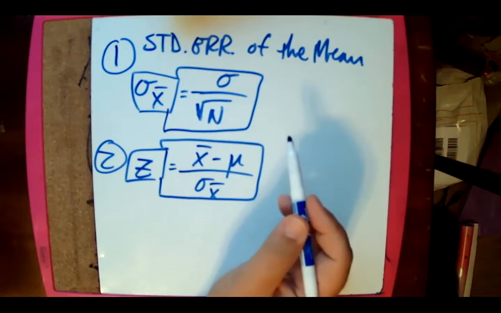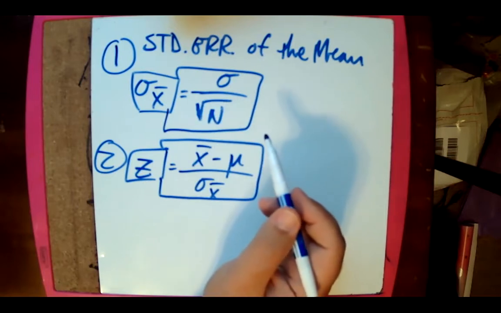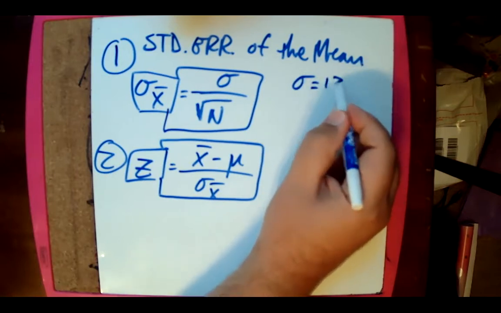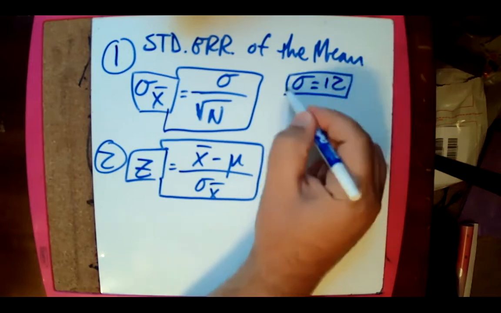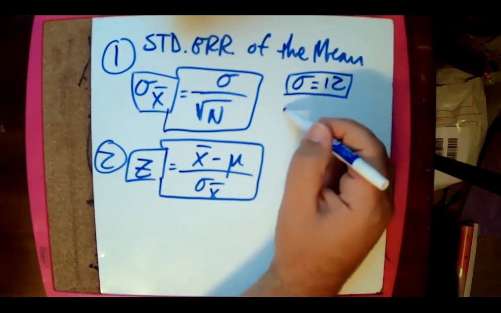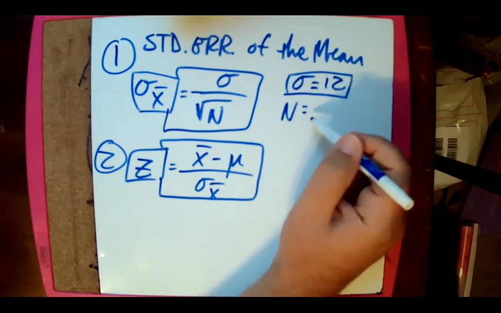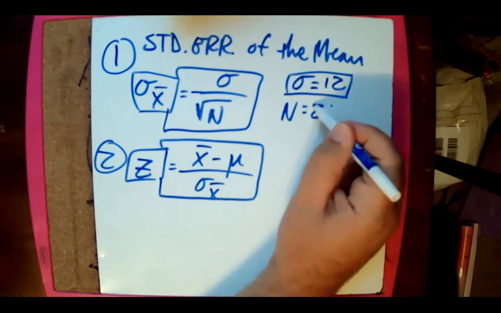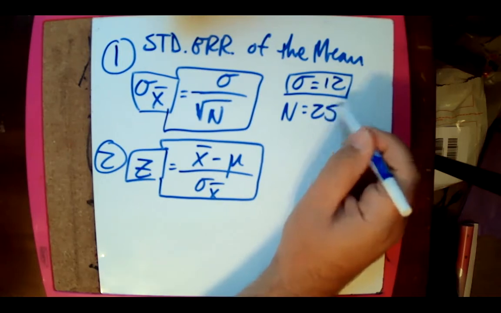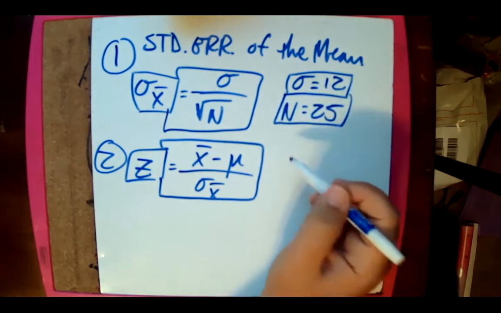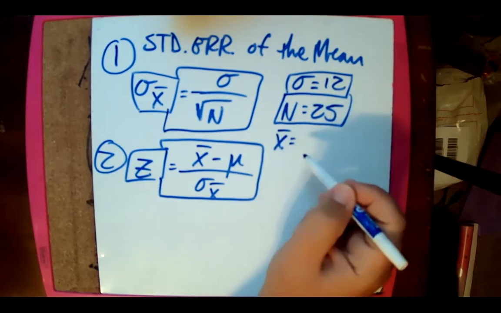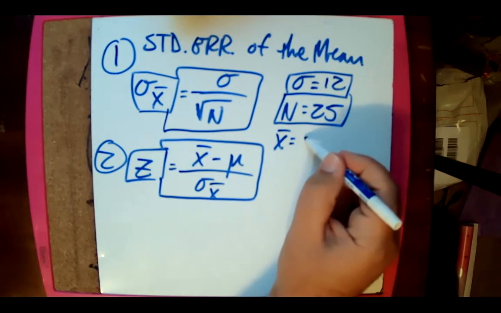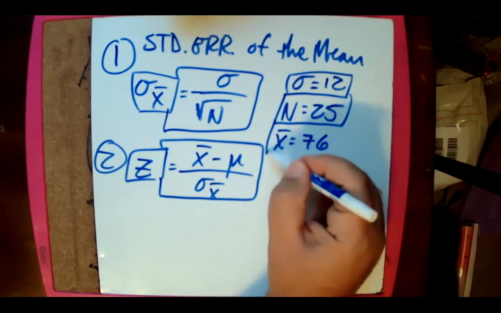So, all right, let's say that we know that our standard deviation is 12, right? And our n equals, how many schools do you think we have? I don't remember. Let's say we have 25, right? And then maybe East High's average score is 76.